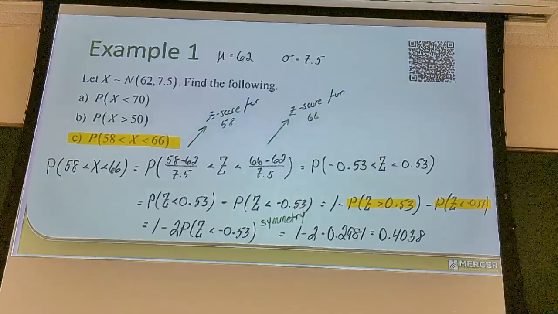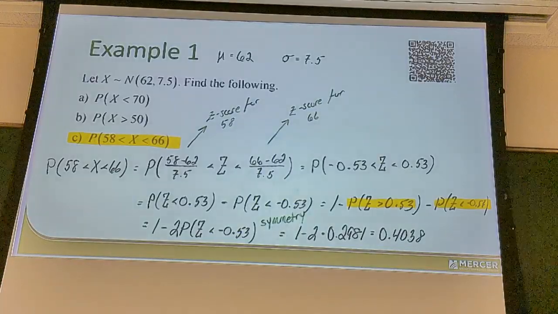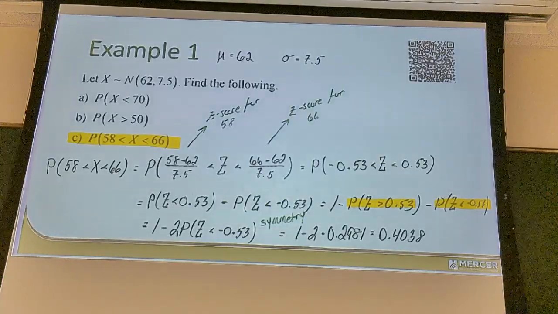Right, because that's going to be what? Twice 0.2981 is 0.5962.